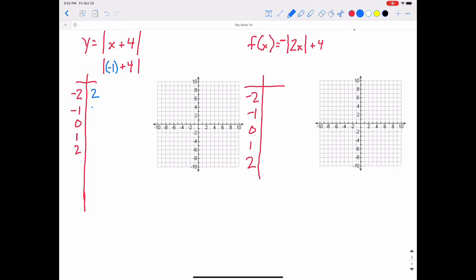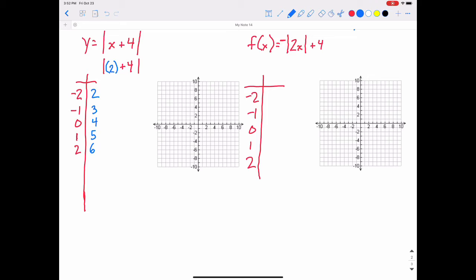Absolute value of 3 is 3. And we'll do 0. 0 plus 4 is 4. Absolute value of 4 is 4. And then 1. 1 plus 4 is 5. Absolute value of 5 is 5. And then the last one. Absolute value of 2 plus 4 will be 6.